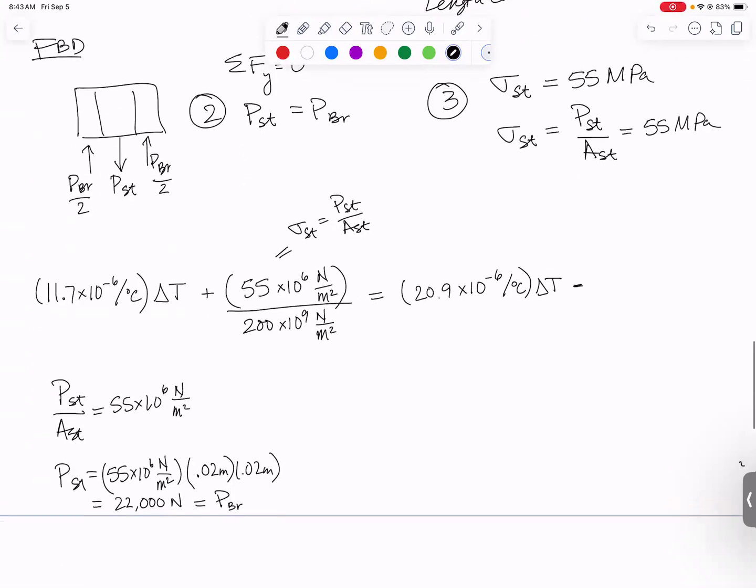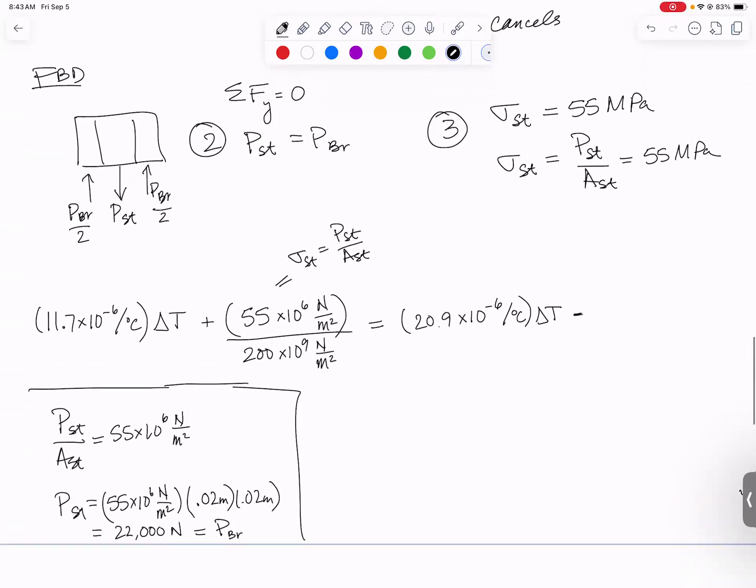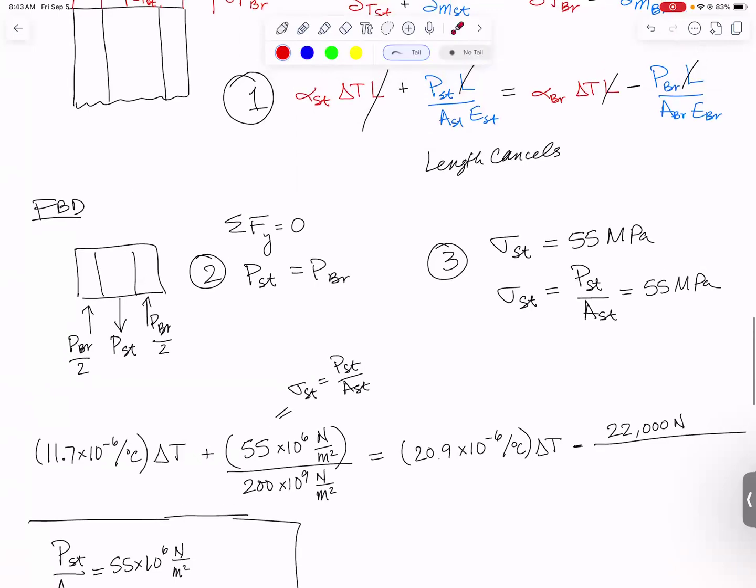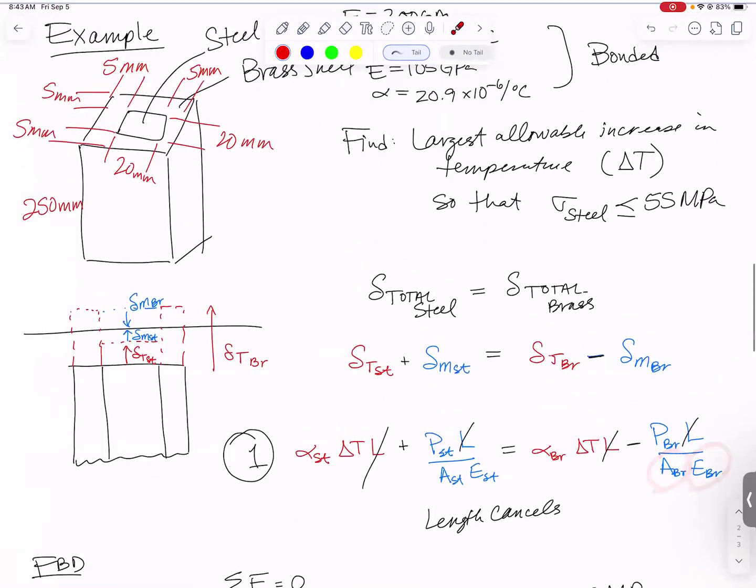So up here in my equation, I'm going to plug in my P in the brass, which is the 22,000 newtons. Now on the bottom of the equation, I need, what was it? Area in the brass times modulus of brass. Well, that area is a little bit of work to get.